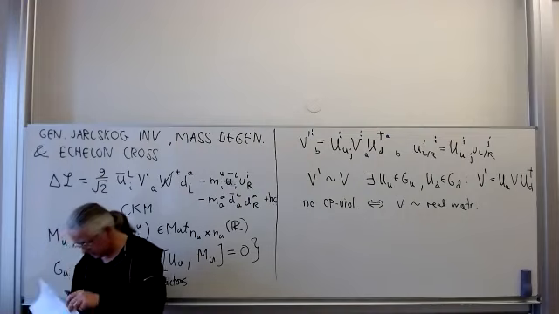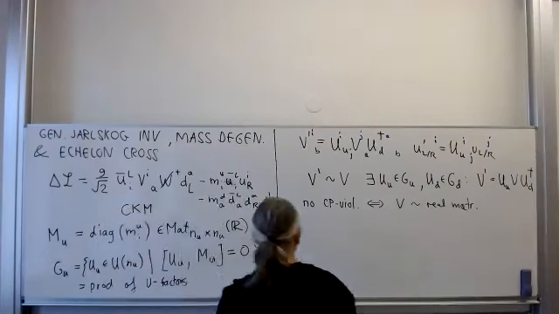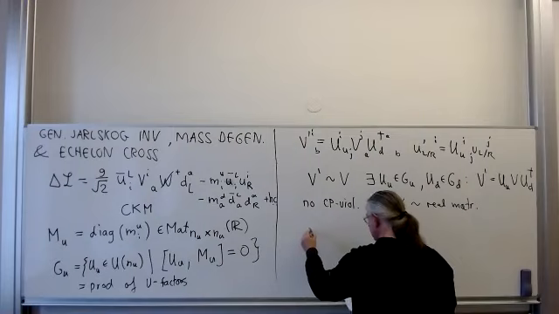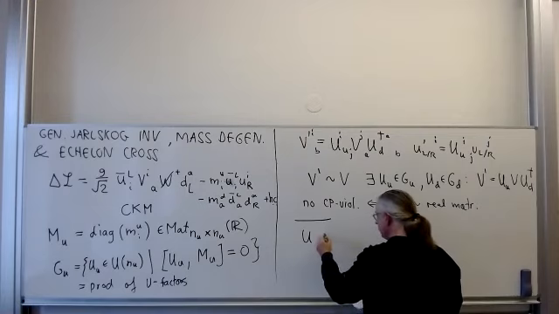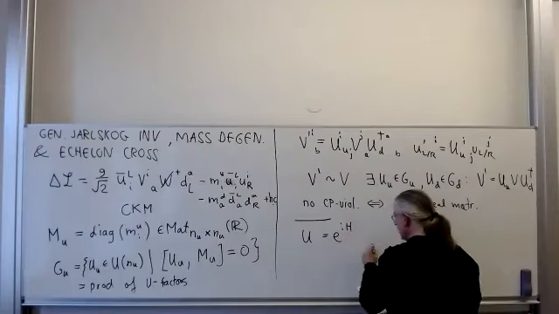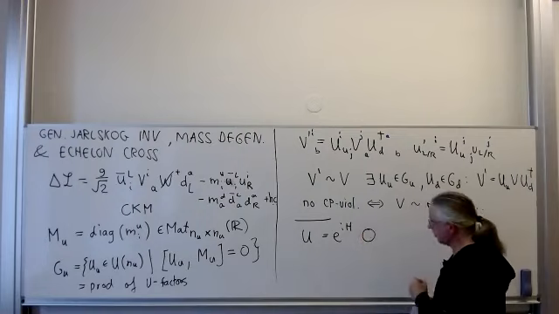And so first I have to say something about unitary matrices. If we have a unitary matrix, then typically we can think of it as e to the iH times O, where H is a real symmetric matrix and O is an orthogonal matrix.